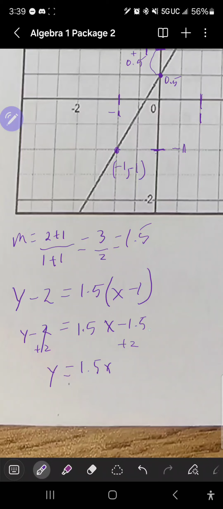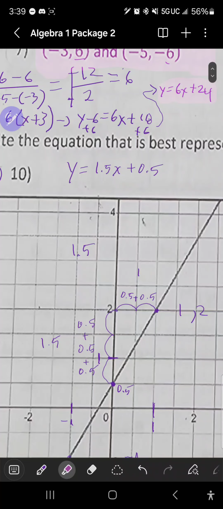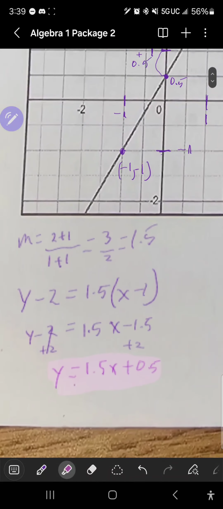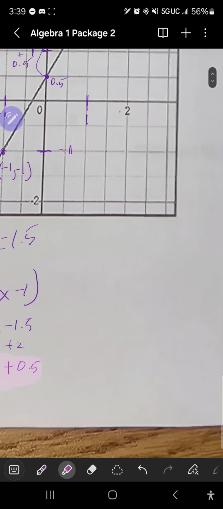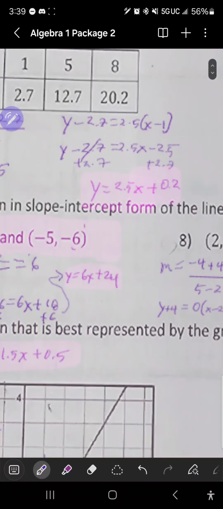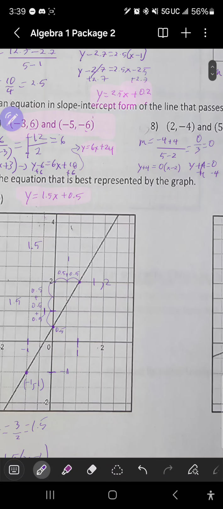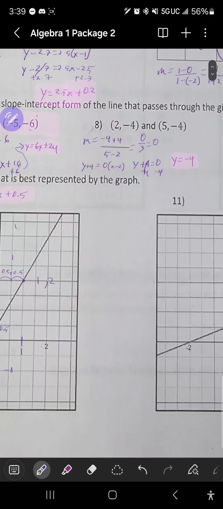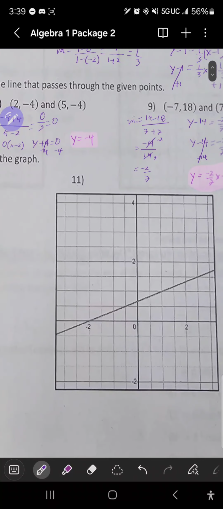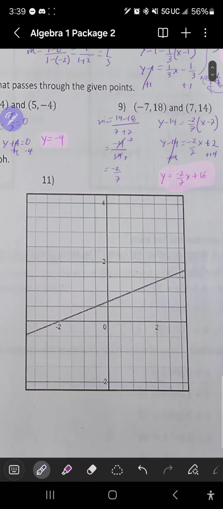Now 2 minus 1.5 is just positive 0.5. And as you see, this is exactly the same as this. You can just use the way that is easier for you. But for the next one, I'm just going to visualize the graph, since in my opinion, that's the easiest and fastest way, and that's going to be the last exercise we're doing today.